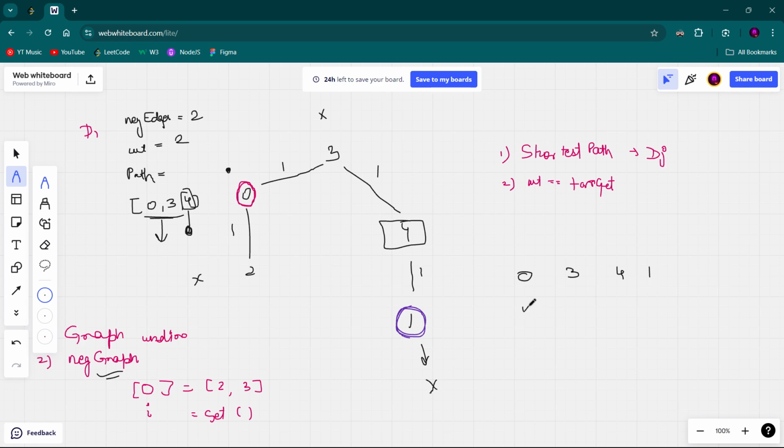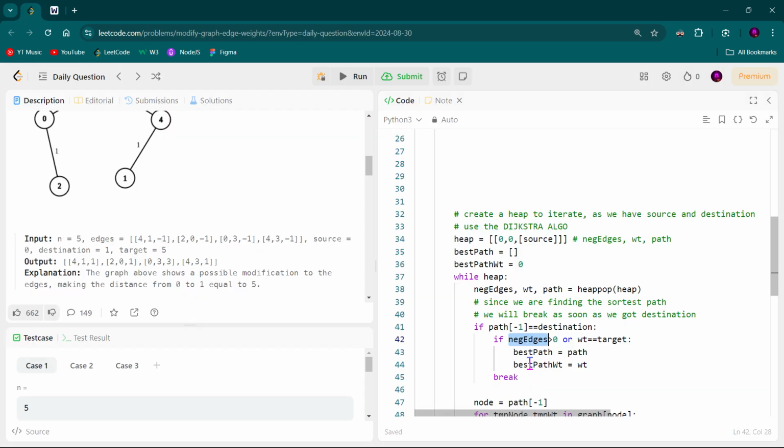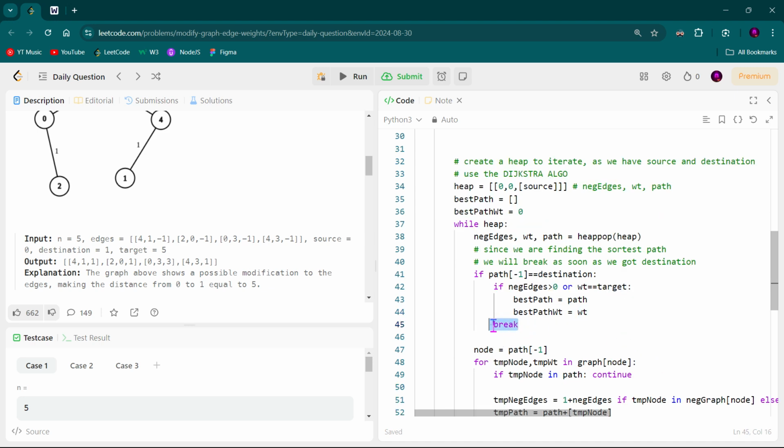So in this, how many negative edges do I have? I would say 3. How much is the weight? It would be 3. And the path is the path. So the moment I see this, I am going to store this path in my best path variable and the weight in my best path weight. Okay. And I'm breaking this.